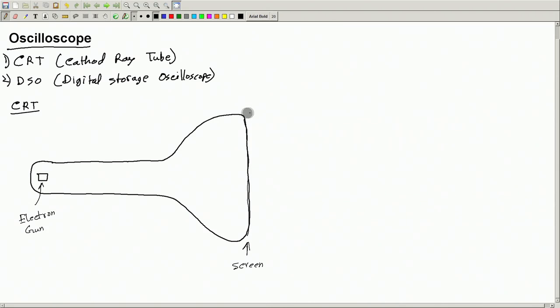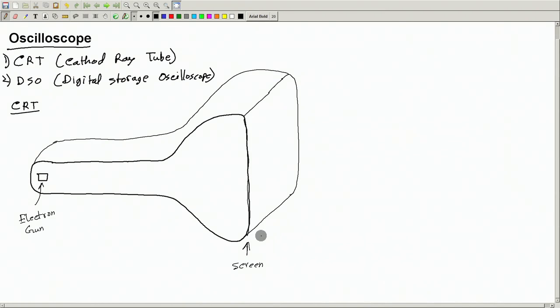So, if I try to draw it in 3D, this will possibly look like this. I am not good at this drawing, but still let me try. Okay.